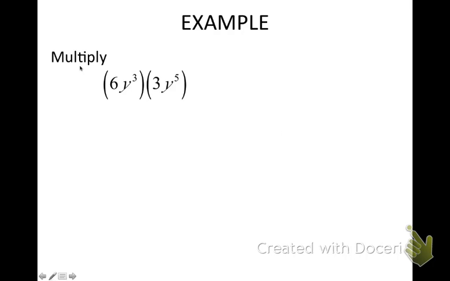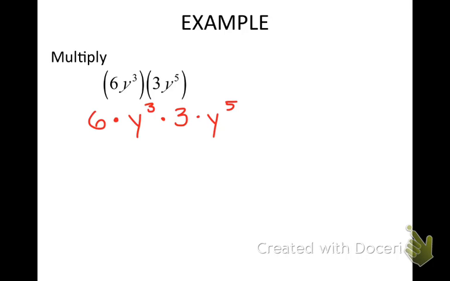Alright, so if you look at this first one, I have a cubic monomial, 6y to the third, times a quintic monomial, 3y to the fifth. If it helps you, the commutative property of multiplication allows you to move all of these terms around, because essentially it's the same as having 6 times y to the third times 3 times y to the fifth.